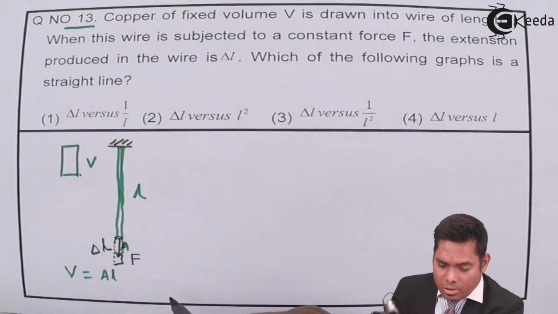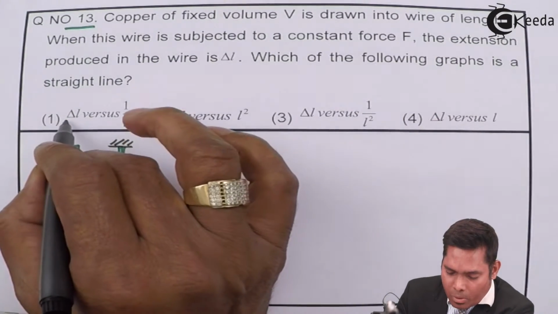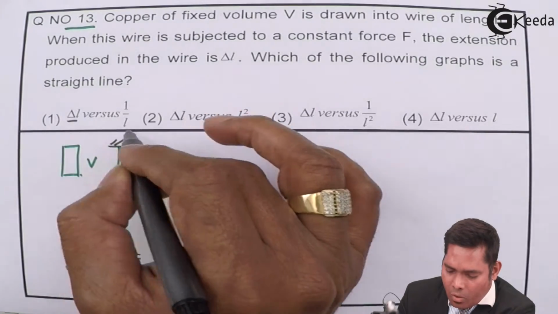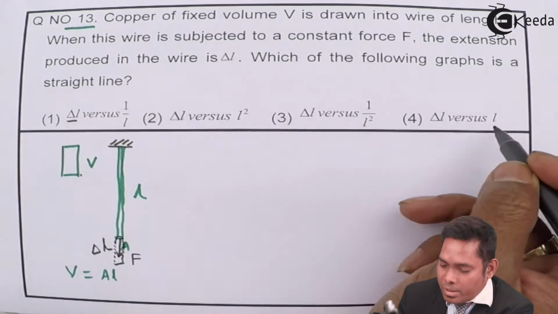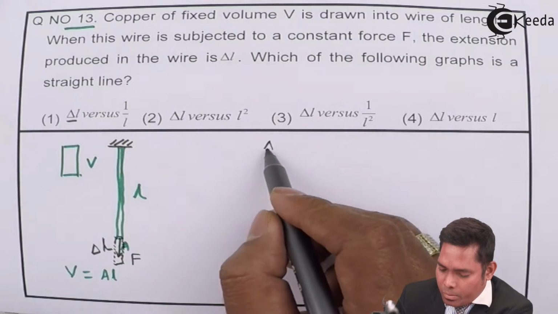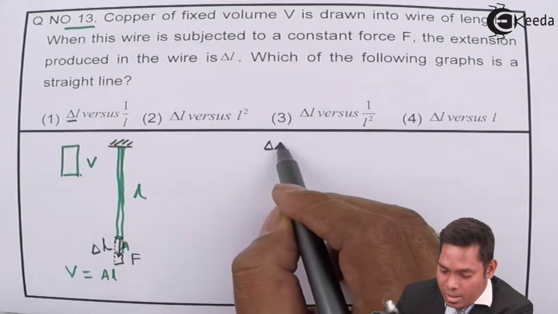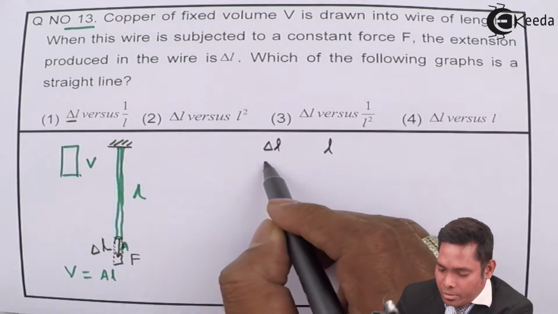If you see the options for the graph, it is actually about delta L versus L or L square or 1 over L square, something like that. That means we have to find the relationship between delta L and L in this situation.